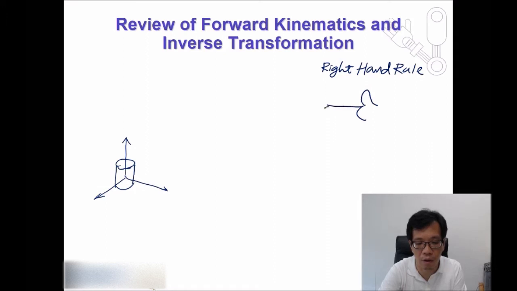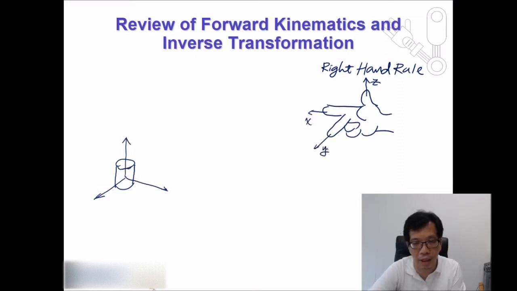So we always want to use our right-hand rule to determine what is x, what is y, what is z. This method is handy. Please keep this figure somewhere so that every time you see a new coordinate, you have some idea how it's going to be rotated. So we know this one is going to be z, this one going to be x, and this one is going to be y.